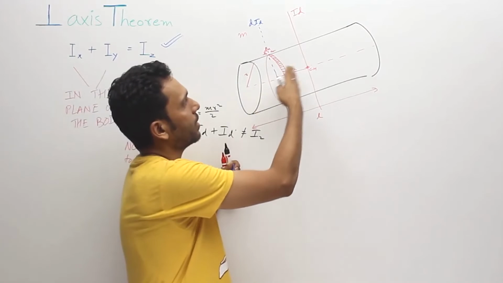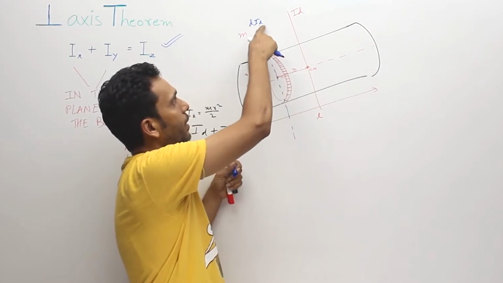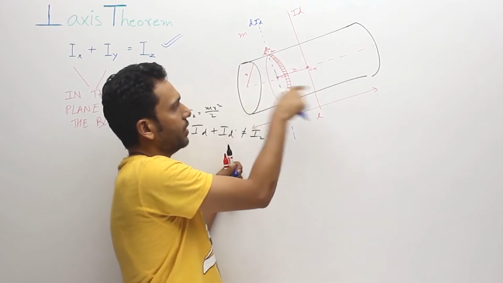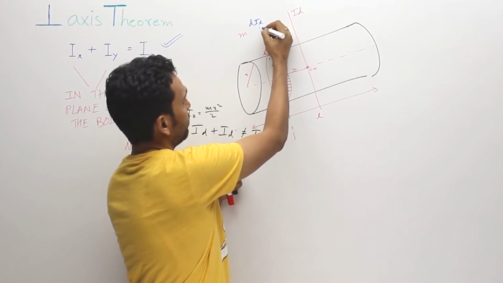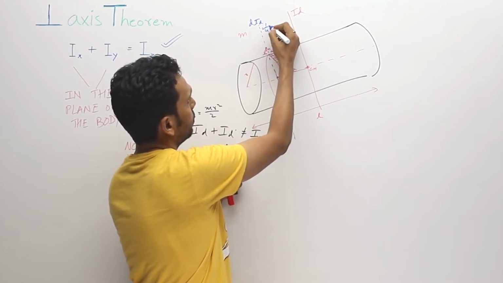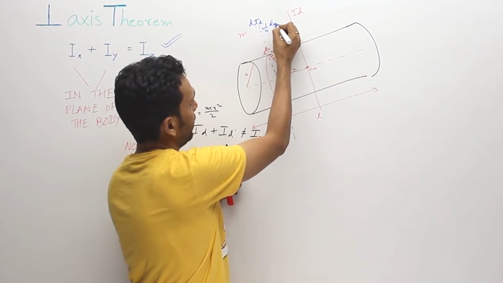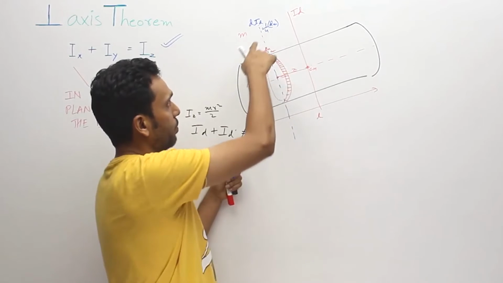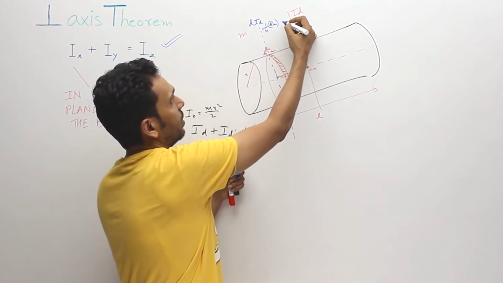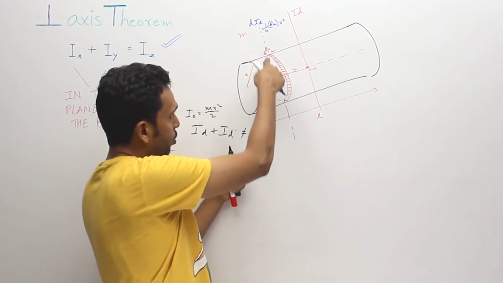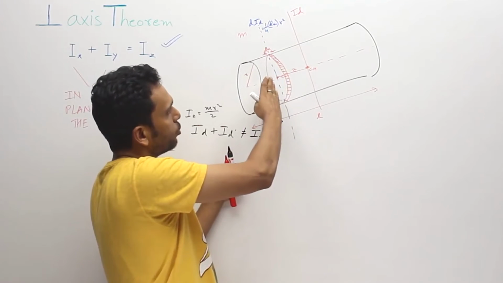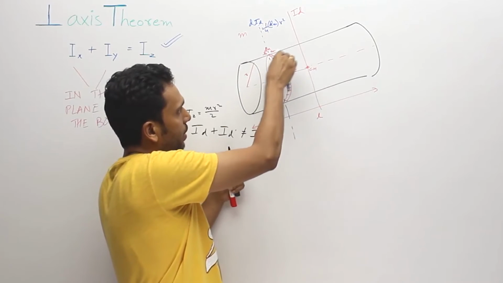You'll do a parallel axis theorem on that. To get your dId, you'll do a perpendicular axis theorem, but then it's a known value now. How much will this be? It is 1 by 4 times the mass of this elementary disk, dm, times radius square. That is about the diameter of this thing, and then you shift it parallelly to this axis.